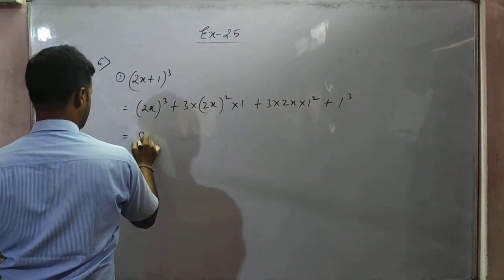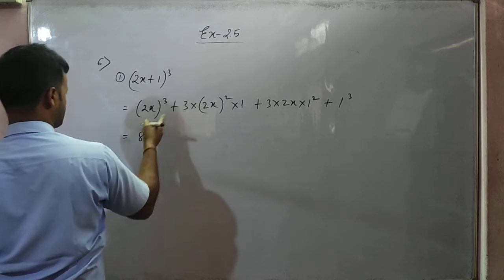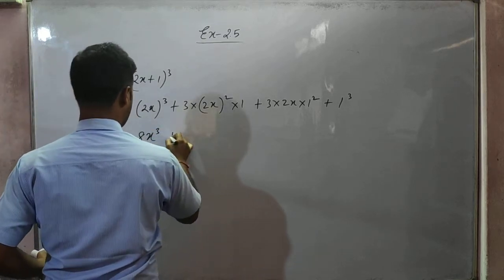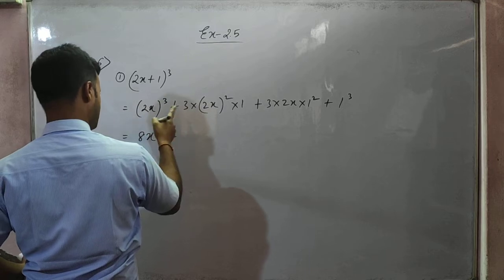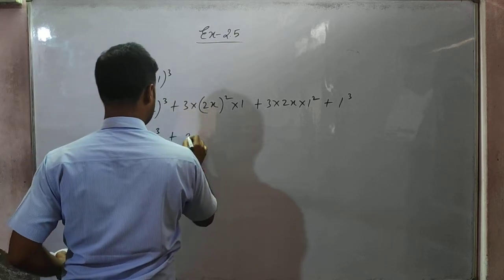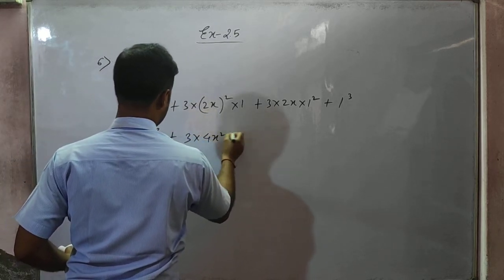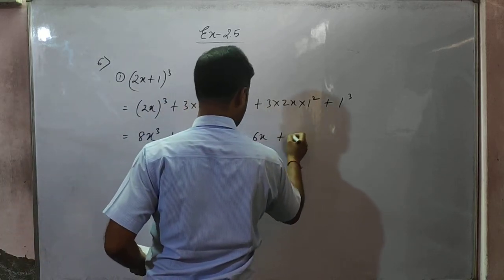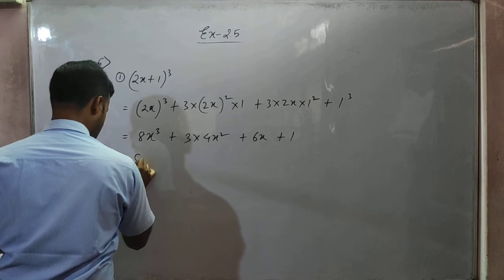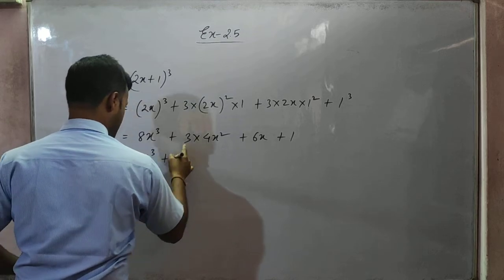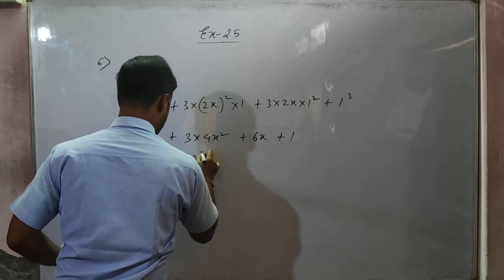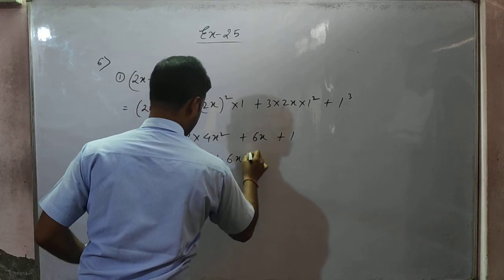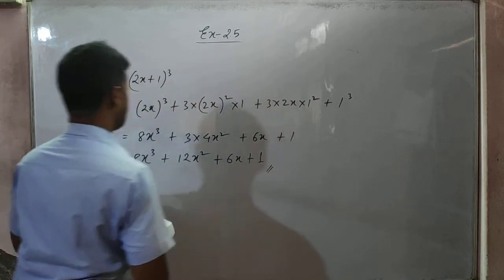So 2x whole cube will become 8x cube. 3 into 4x square plus 6x plus 1. So 8x cube plus 3 4s are 12, 12x square plus 6x plus 1.